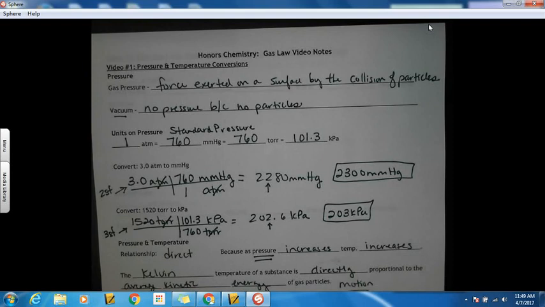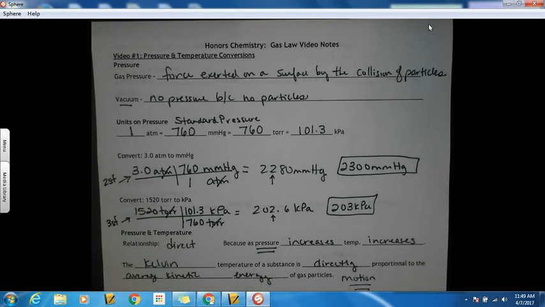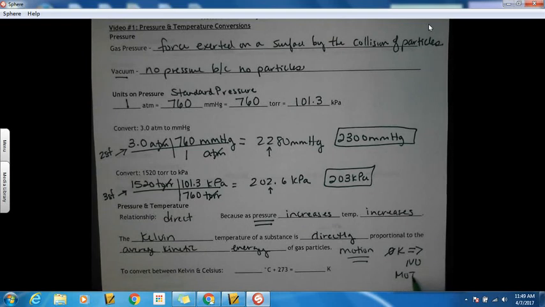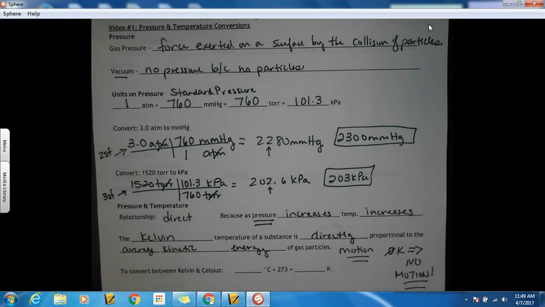So it's directly proportional to their motion, which means at 0 Kelvin, there is no motion. Now, 0 Kelvin has never been obtained. The closest they've gotten is like 2 or 3 Kelvin way out into space, but they've been able to extrapolate it through data.